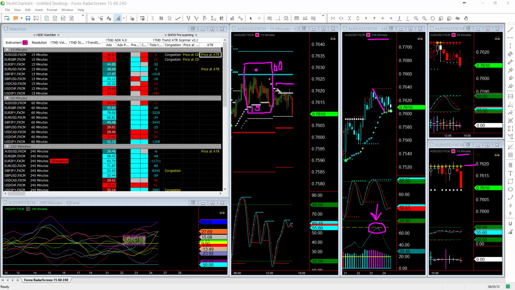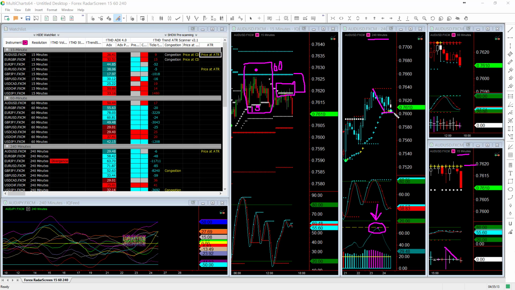The entry point for that trade was anywhere this went back to the ATR. Okay, so we have both ATRs in our favor now, and it goes back to test it. Okay, and when it does, you have diverging volume, which you can look over here and see. So that would have been the entry into this retracement back to the ATR.